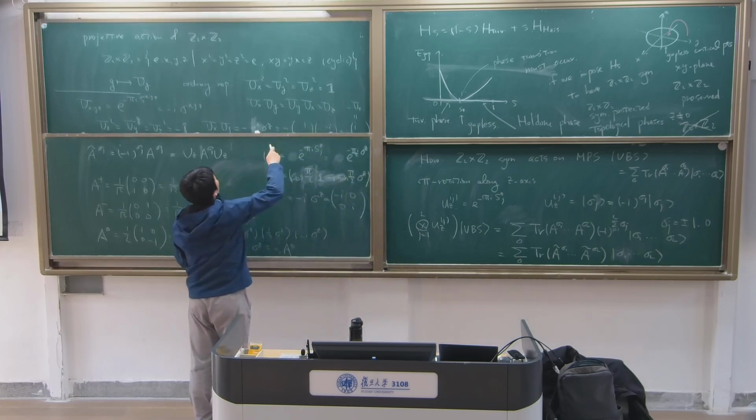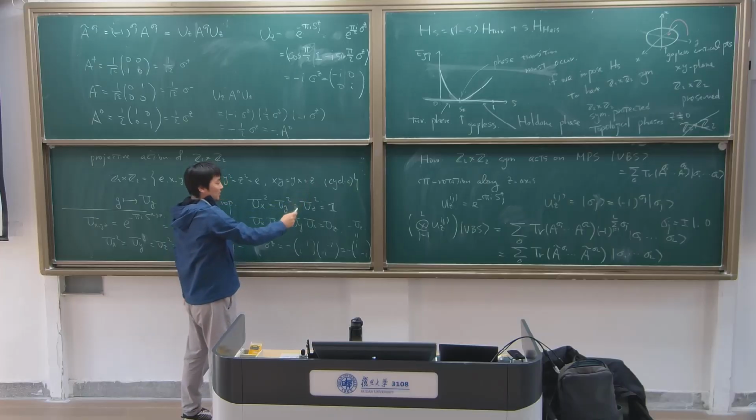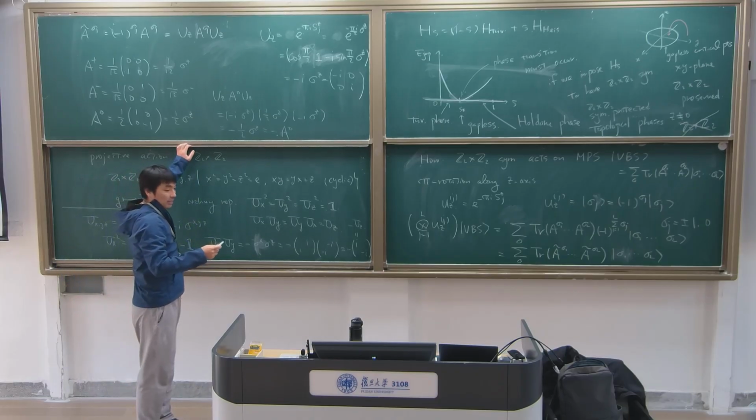So usually xy is equal to z, right? So in your ordinary representation, Ux Uy should be Uz. But here you have a minus, a negative sign.